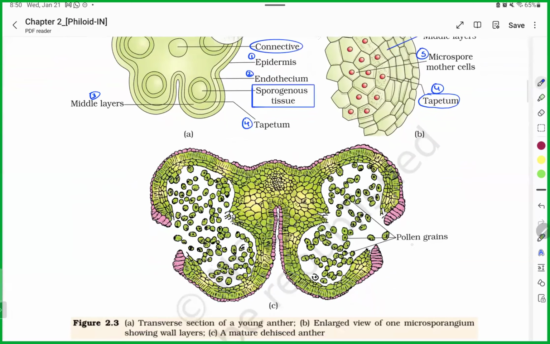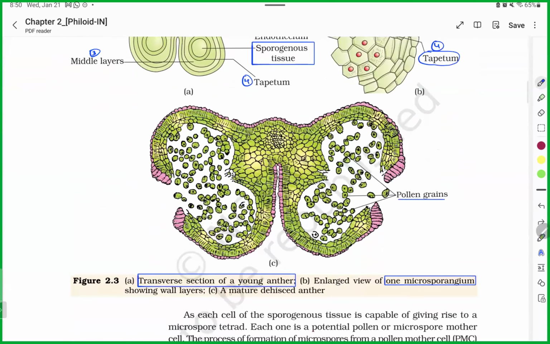Okay, and within the pollen sac you will have pollen grain. Again, this is a transverse section of the young version, young, young, and this is mature. The second one is mature, the first one is young. And even this is mature because it contains pollen grain.